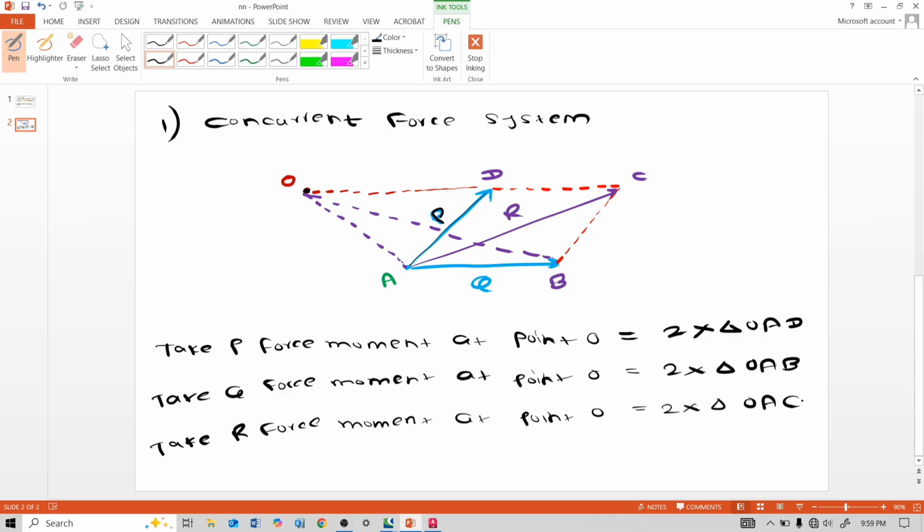So first of all, observe here that this is diagonal ABCD, and here this is parallelogram ABCD, and this is the diagonal, so this triangle and this triangle will be the same.